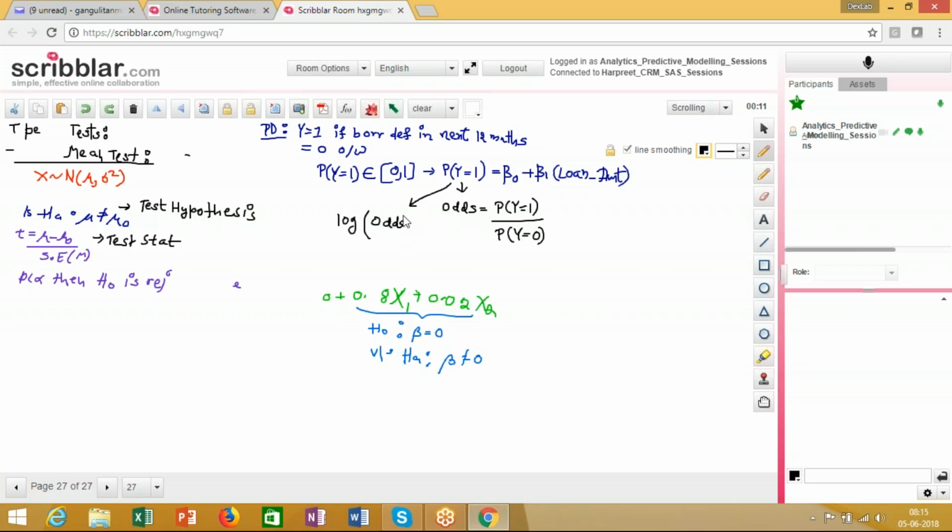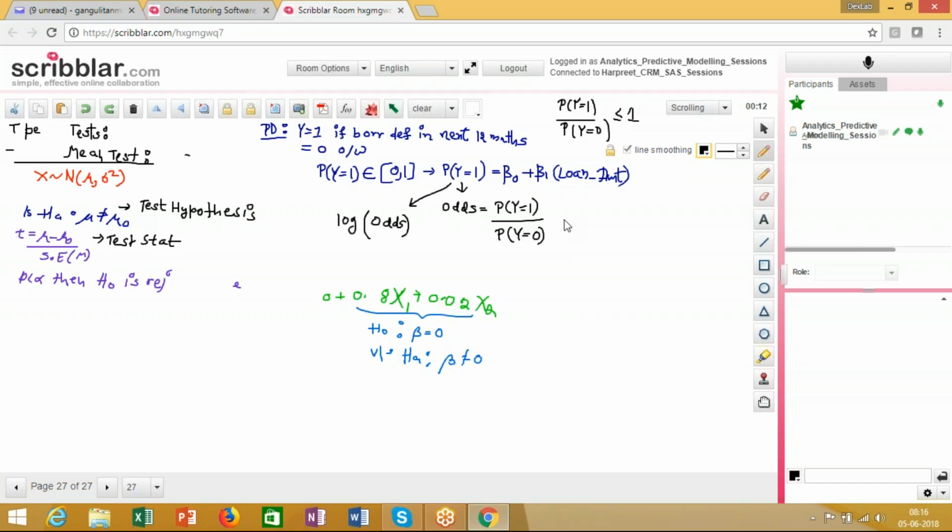The reason is, say the probability of y equals 1 is lower than the probability of y equals 0. Then the probability of y equals 1 by the probability of y equals 0 is a fractional number, that is, a number which is less than 1, right?